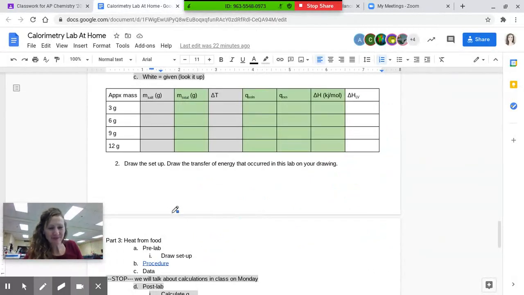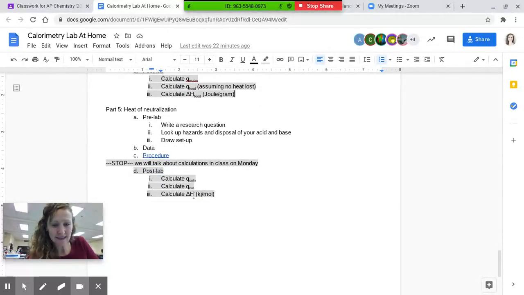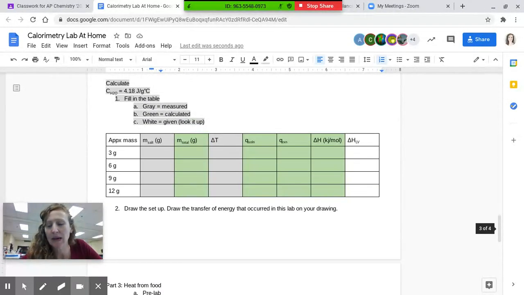Good question, Cyrus. And then that last column there, change in H of what, what's the subscript LV for? So LV is like a published amount. It's an accepted amount. So it's like someone did this in a professional lab super carefully, and then it was peer reviewed and double checked.